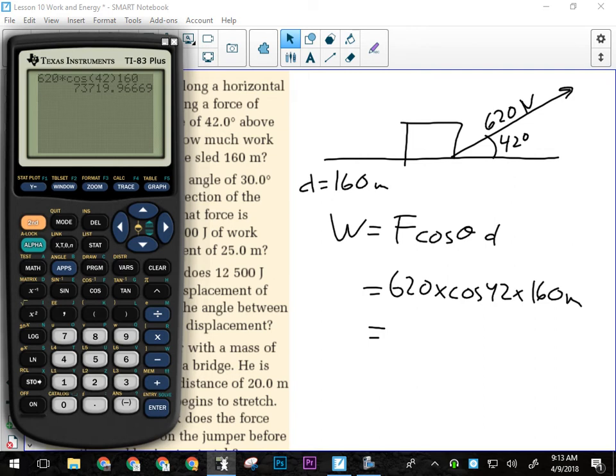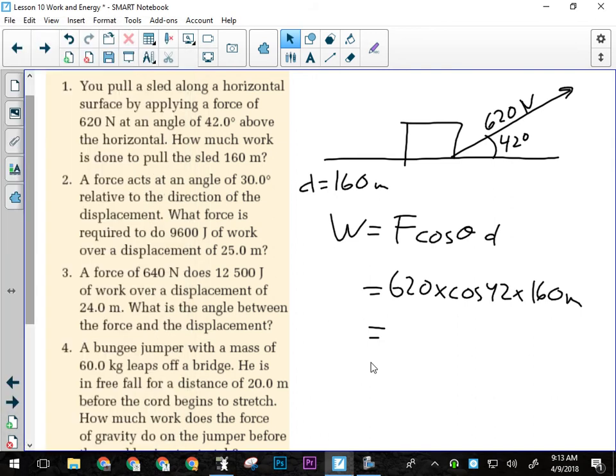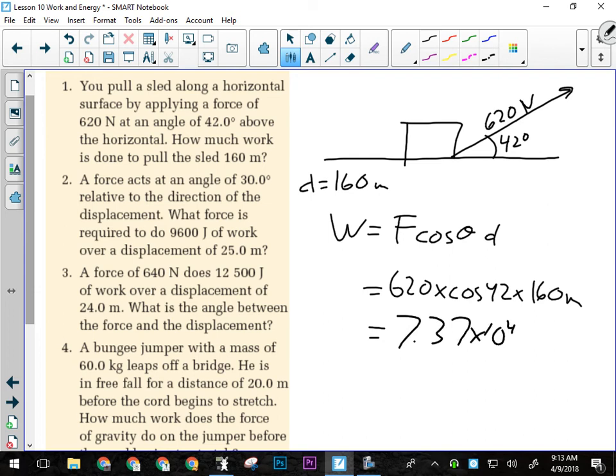We got 73,719 joules. So we'll go with 7.37 because we have three significant figures here: 7.37 times 10 to the 4 joules. Generally, we don't use kilojoules, but you could. It would still be correct as long as you shifted the decimal over.